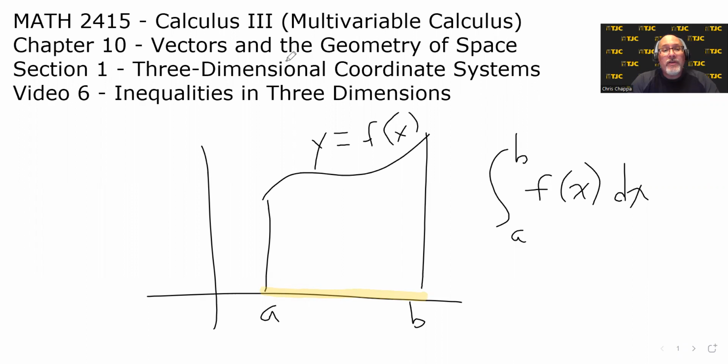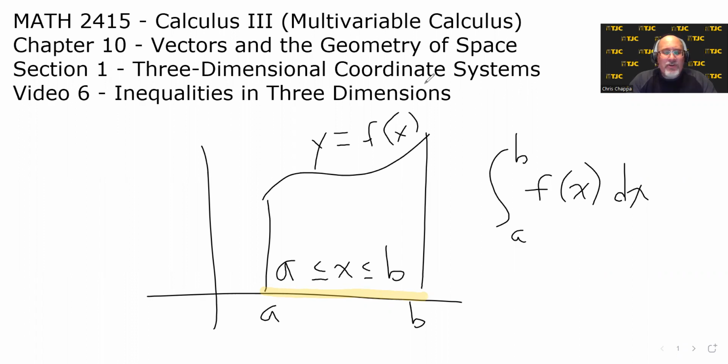And there will be situations where we might integrate over a 3-dimensional object. So we're going to have to describe these objects in terms of equations and inequalities. For example, the inequality here would be real simple: a is less than or equal to x is less than or equal to b. That gives us that segment on the x-axis.